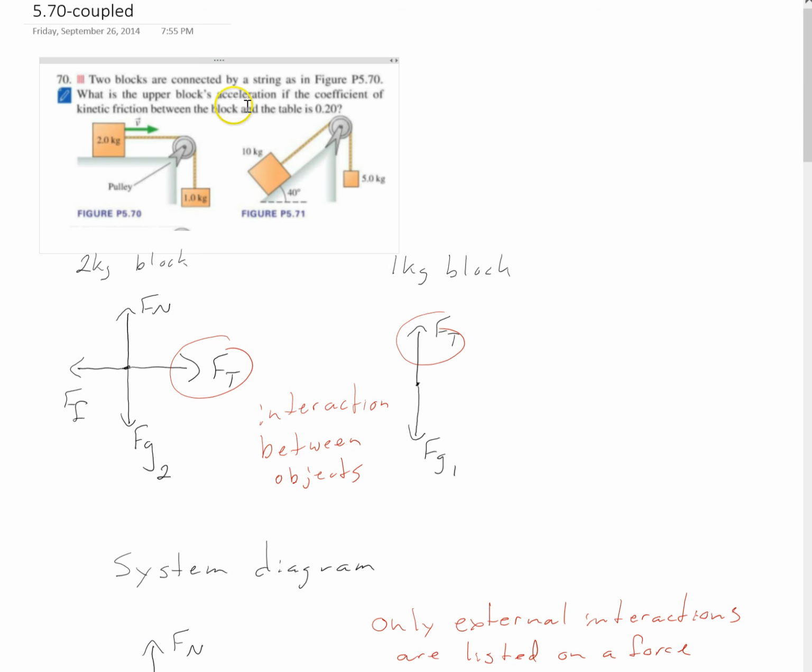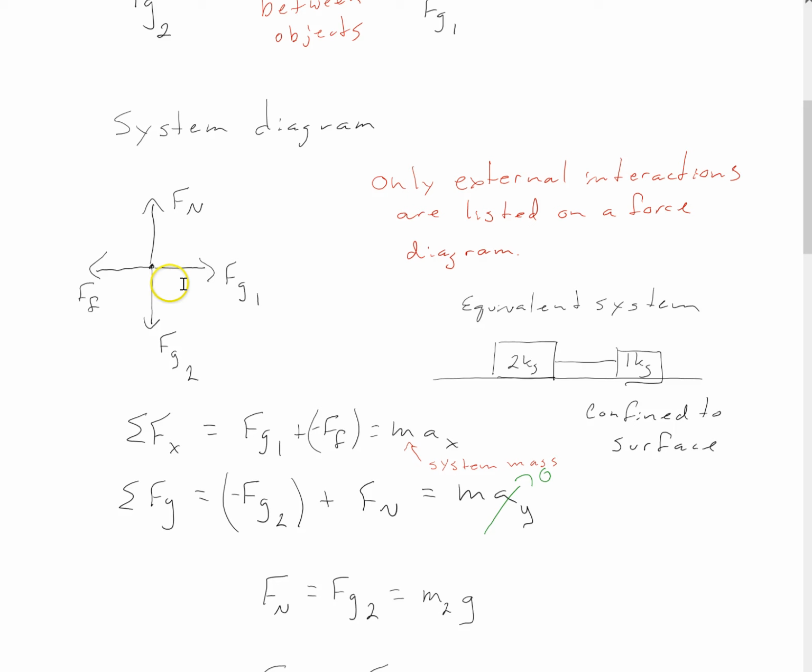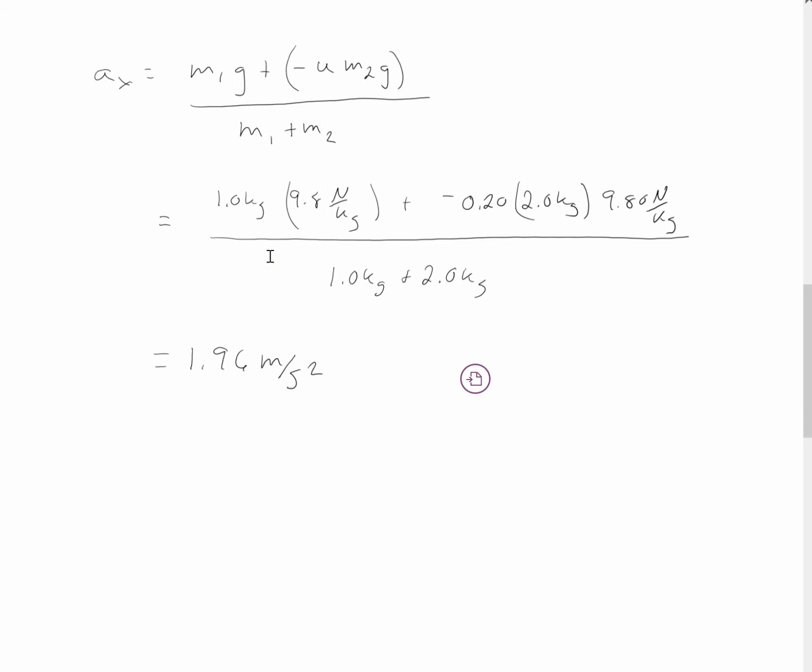Now the problem actually asked me what's the upper block's acceleration, and the upper block is the one that I used the system diagram for. Actually, the system was both blocks, but for the system diagram, I took the perspective of the 2 kilogram block, the one that was upper. So what that means is you're going to have 1.96 meters per second squared to the right.